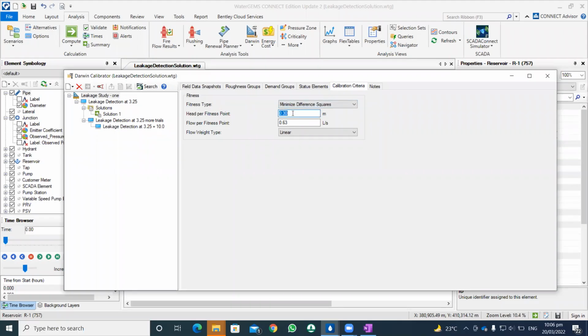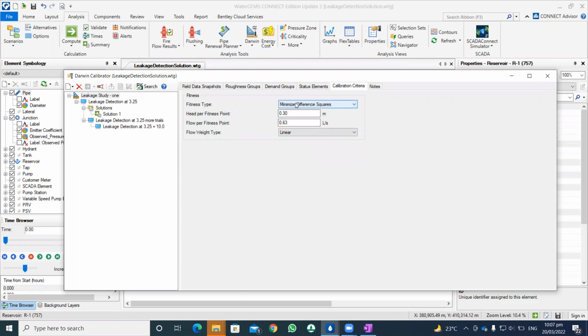So decreasing the value of head per fitness point or flow per fitness point, they are basically numbers. By decreasing these values, it will give the best fitness value. Based on the flow type, there are different values: linear, square root, and log.